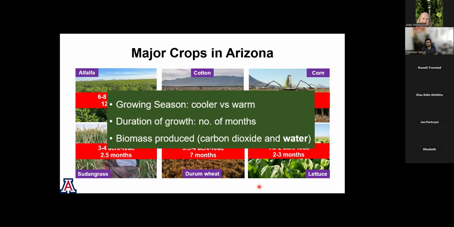But when you look at the numbers and you want to pick some crops that are good or bad for our state or our production system, we cannot just look at the total amount of water they're taking. We need to consider when they grow, how long they grow, what money I'm getting out of it, and how much produce we can get out of it, right? Like I said, crop biomass is completely proportional to how much water you can use.